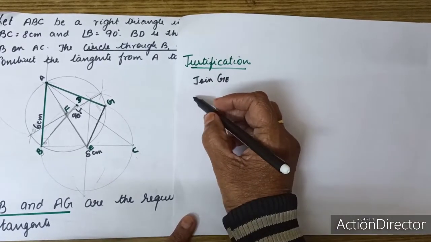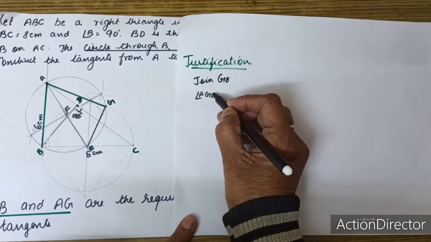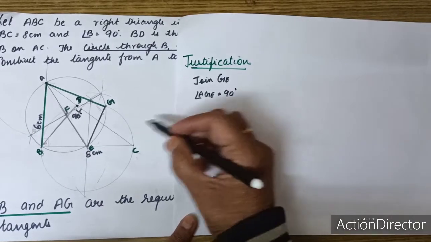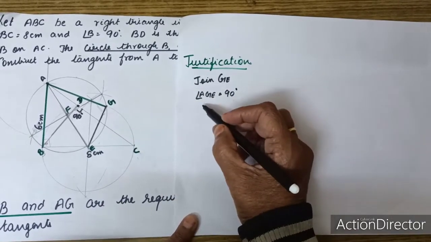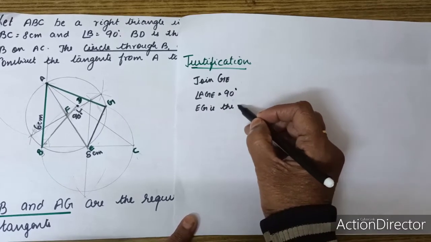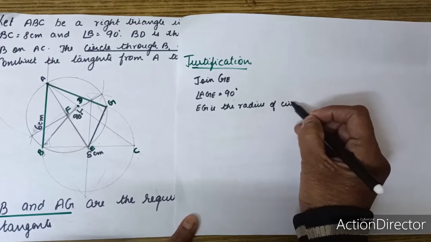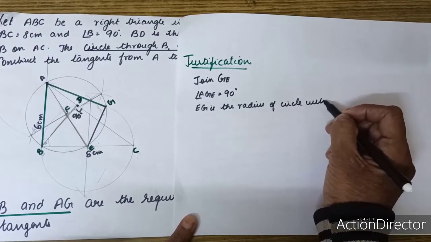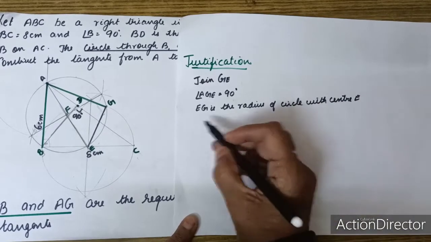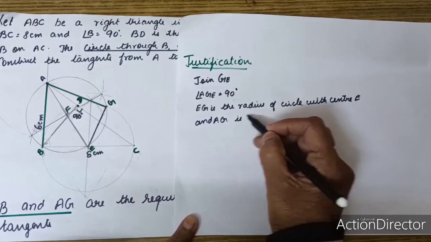So when you join GE, angle AGE will be equal to 90 degree because EG is the radius of the circle with center E and AG is a tangent.